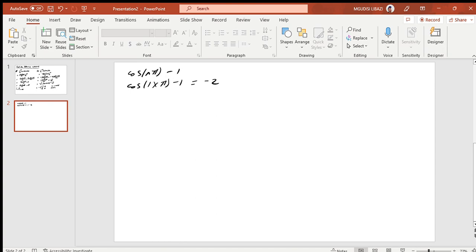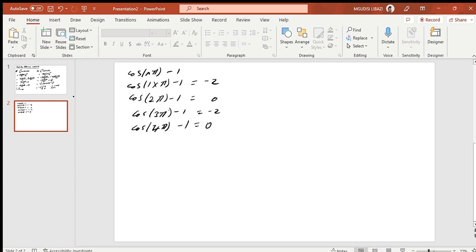Let me confirm that. So that gives us a value of negative 2. So when you put cosine of 2 pi minus 1, you will get 0. When you put cosine of 3 pi minus 1, you get negative 2. When you put cosine of 4 pi minus 1, you get 0.